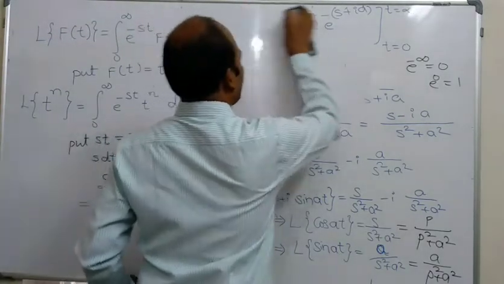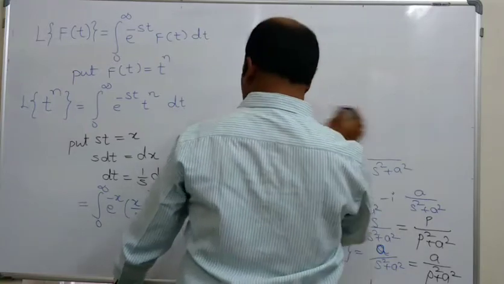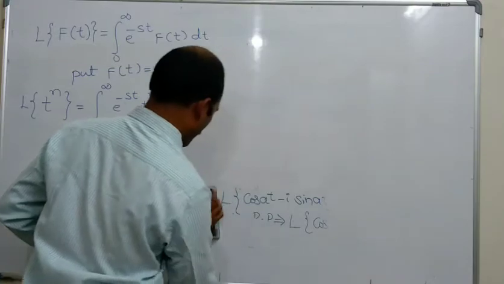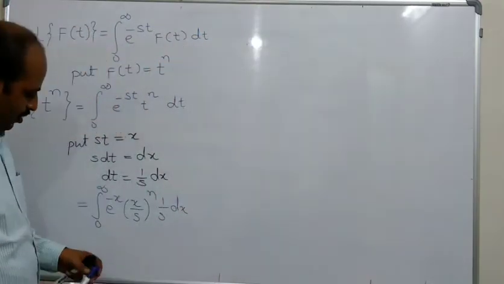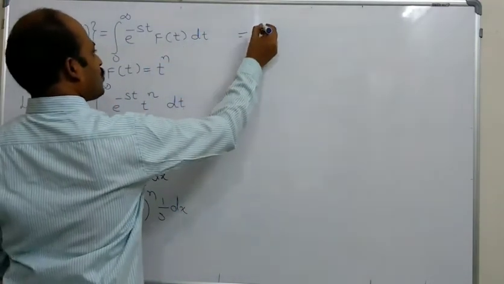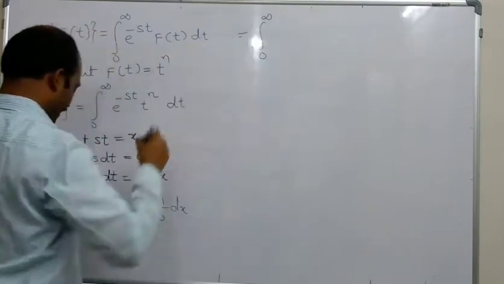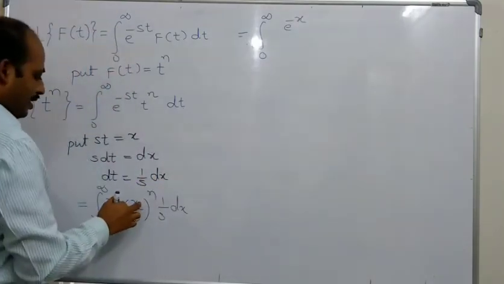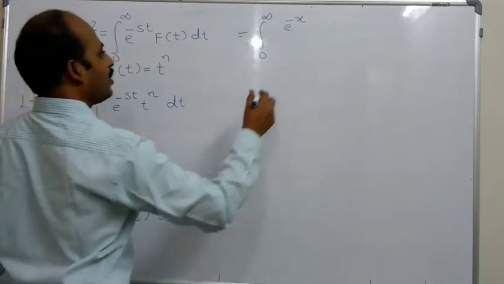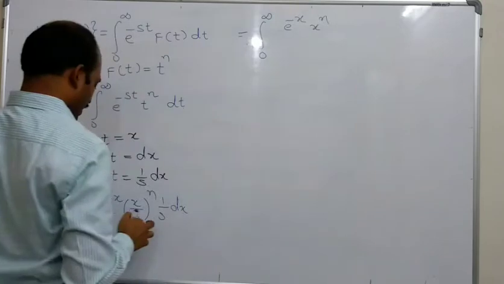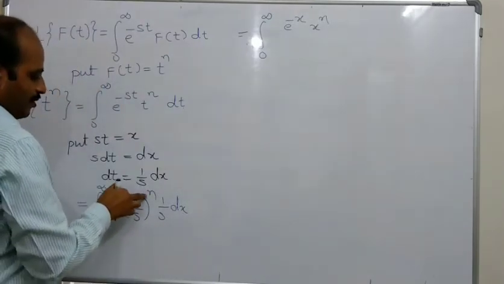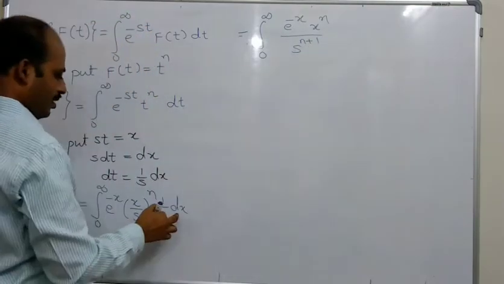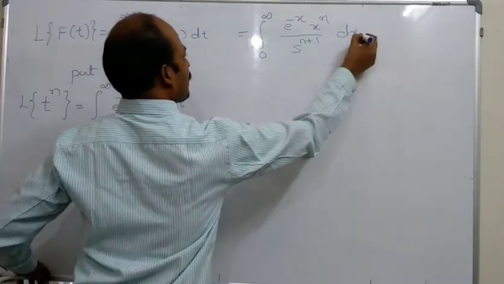Let us continue the problem. You get the integral 0 to infinity e power minus x, x power n, divided by s power n into s, so you get s power n plus 1, into dx.